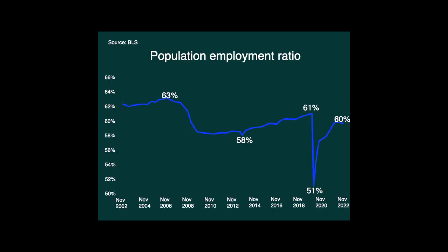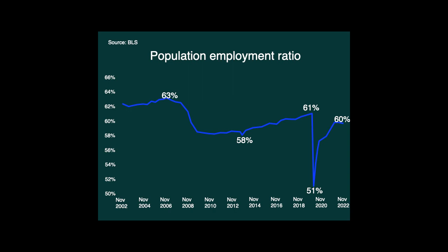Now, if you want to raise wages, the first thing you do is you create more jobs than you actually need. And in 2006, we had 63% of the adult population working. And then the recession came in 2008, and it was down to 58%.